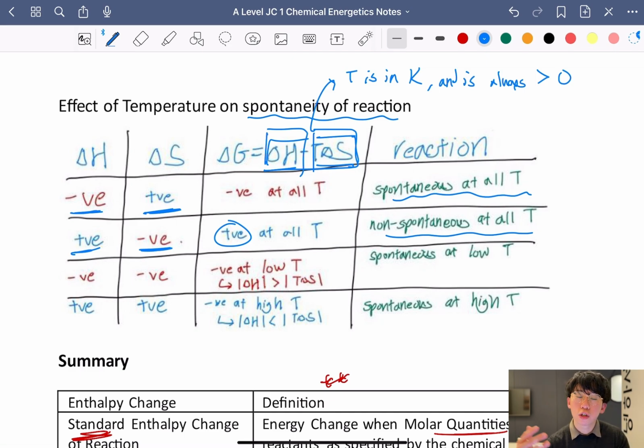So if my temperature is low enough, you can actually bring down the T delta S low enough so that overall, delta G is only negative when the temperature is low enough. Next, if delta H is positive and delta S is positive, the reaction will only be spontaneous at higher temperatures. Again, this is very dependent on the magnitudes of delta H and your T delta S.